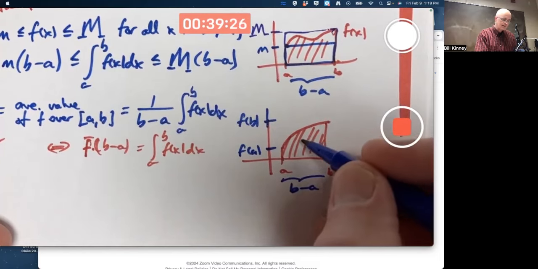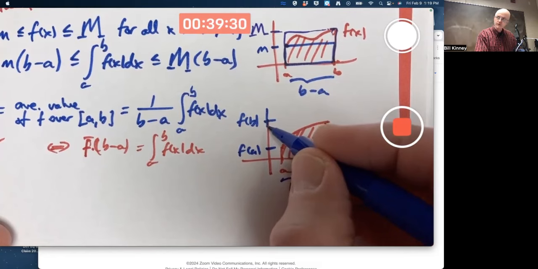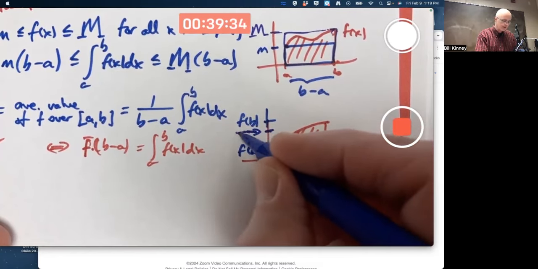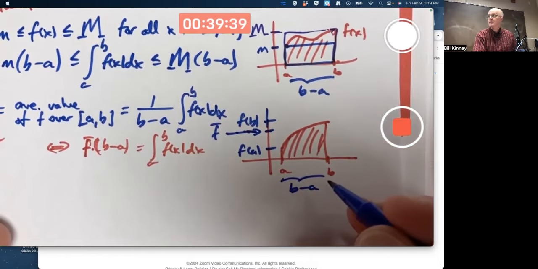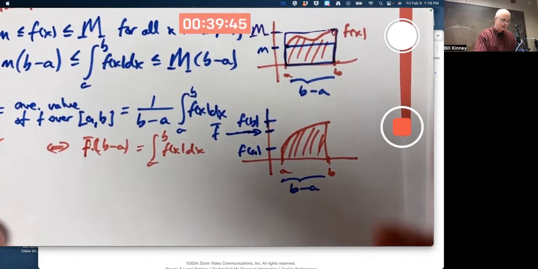If the graph's concave down like this, f bar is going to be closer to the high value than it is to the low value. It might be right about there. It's not halfway between them, unless the graph happens to be a straight line or some slight modification of a straight line. It could happen to turn out by accident sometimes.